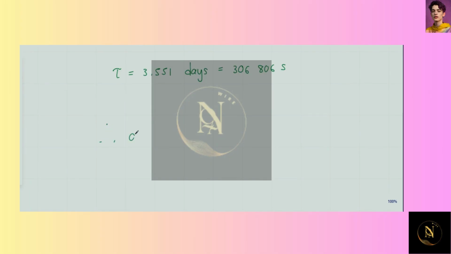Therefore, the gravitational acceleration on the surface of Jupiter, we'll call it g_J, is equal to 4 pi squared times r cubed for Europa's orbit over the period of Europa's orbit squared times the radius of Jupiter. We can substitute all our known values here.